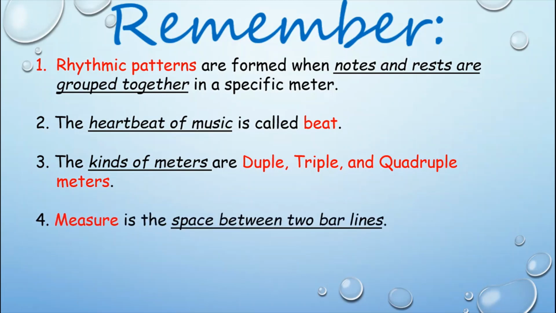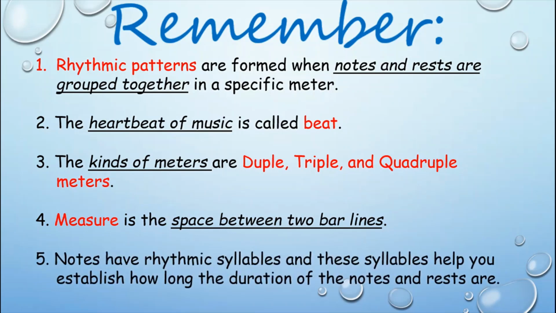Very good. Next, a measure is the space between two bar lines. Ito yung nasa loob ng bar lines. Yung bar line natin is considered to be the indicator for a measure. And lastly, you need to remember that notes have rhythmic symbols, and these symbols help you establish how long the duration of the notes and rests are.